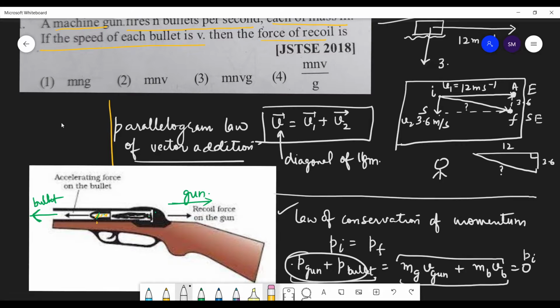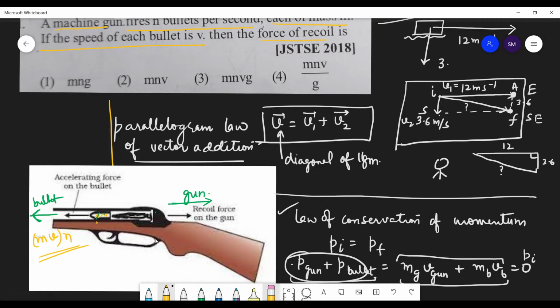Because the momentum of the bullet, so the bullet is coming out with the velocity v, so its momentum will be m into v, and as there are n bullets, n will be multiplied to it.